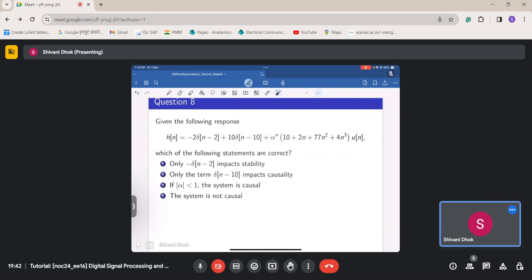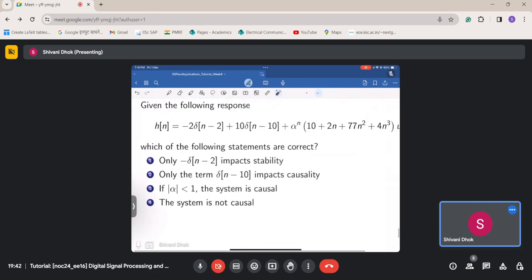The first statement says only the term minus 2 delta n minus 2 impacts the stability. Now you look at this particular term. It has a z transform of minus 2 z to the power minus 2. This spans the entire z plane and has poles at z equal to 0, which means this term corresponds to a z transform whose region of convergence will include the unit circle.